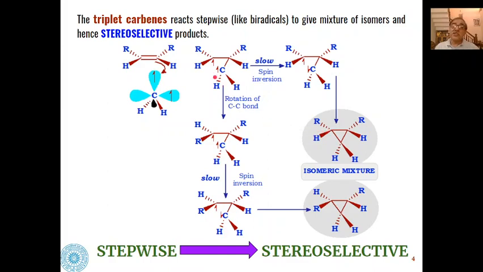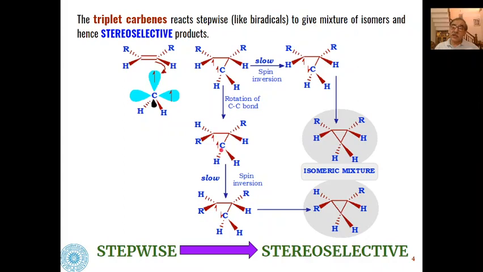Then the second route is that this carbon-carbon bond, being a single carbon-carbon bond, can very easily undergo rotation. So rotation of the carbon-carbon bond will take place. We can see over here, H is beta, R is alpha. So by rotation, H will become alpha and R will become beta.